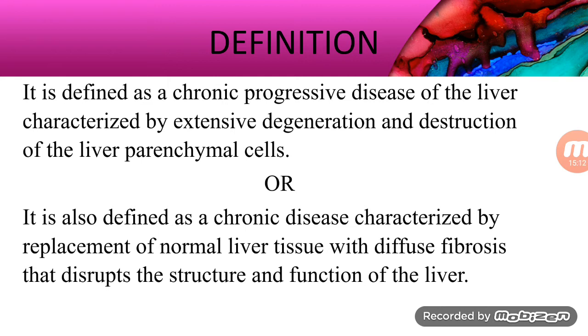Okay, and then in another definition, it is also defined as a chronic disease characterized by replacement of normal cells, normal liver tissue, with diffuse fibrosis that disrupts the structure and function of the liver. Chronic means prolonged disease.